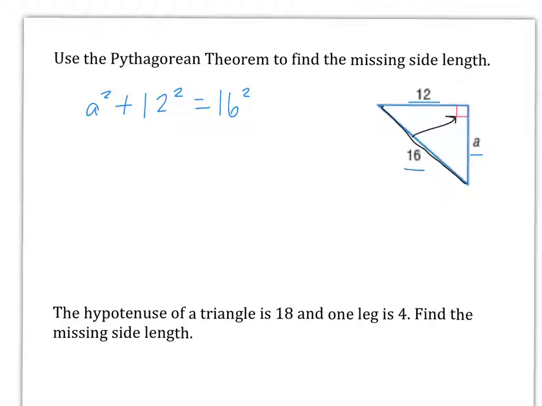So if we look at solving this problem, I have a squared plus 144 equals 16 squared, which is 256. And now I want to isolate a squared, so I'm going to take 256 and subtract 144.